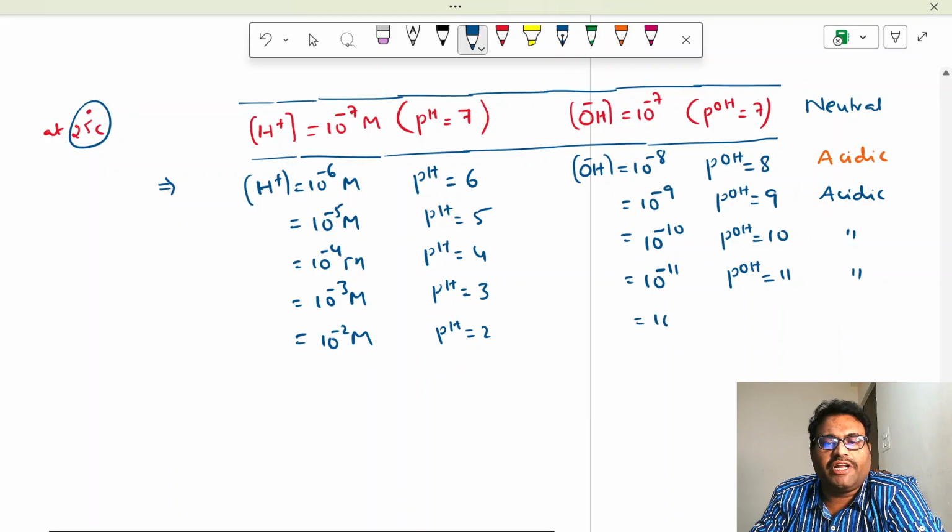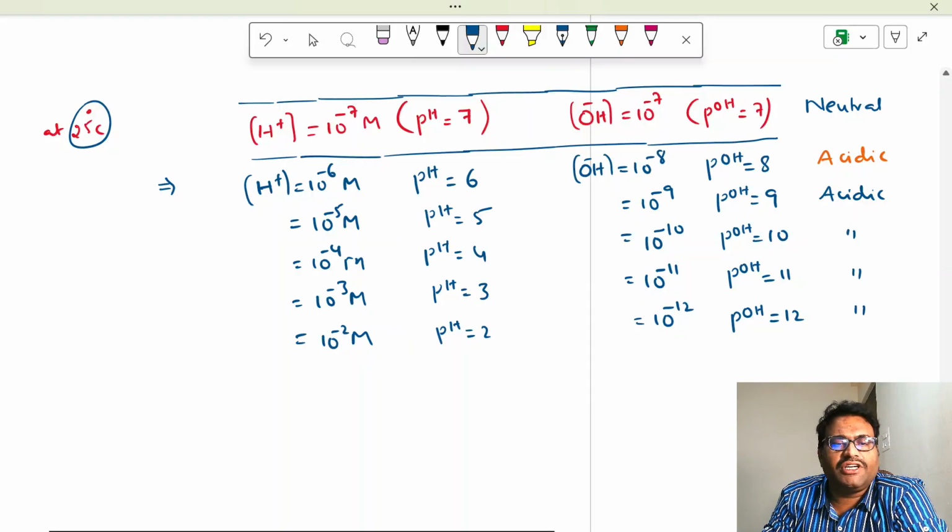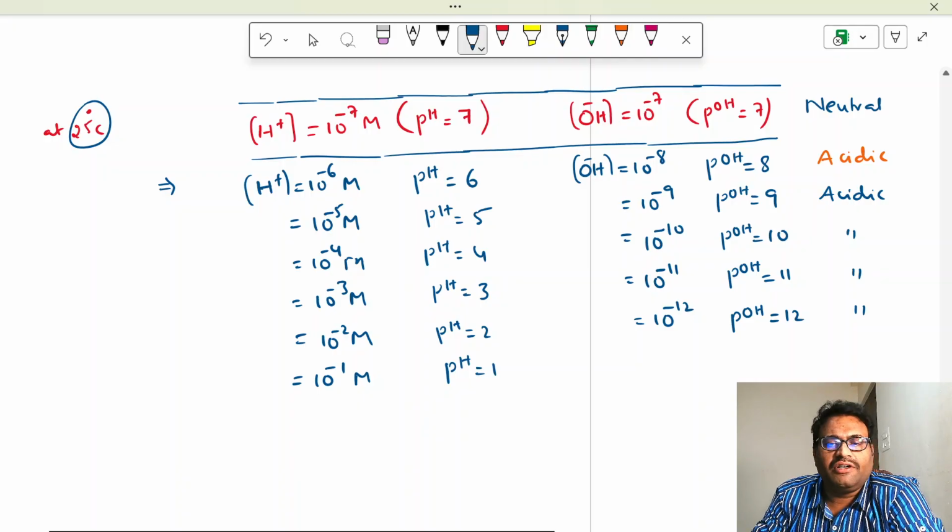This is equal to 10 power minus 12 OH minus ion concentration. pOH is equal to 12, acidic solution. 10 power minus 1 molar, pH is equal to 1. Here OH minus ion concentration is equal to 10 power minus 13. pOH is equal to 13. Again it is acidic.